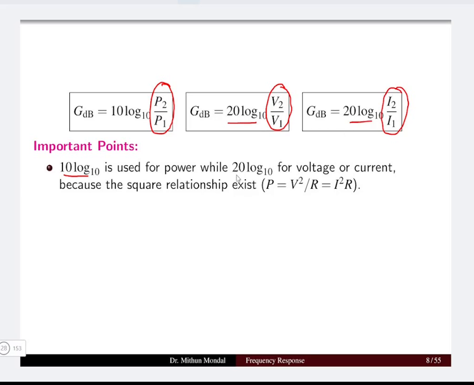So that is a special difference between the power and the voltage and the current. This is due to the square relationship that exists between the power, voltage and the current. So P equal to V square by R and equal to I square R. That is the reason we have 10 in the expression of power but 20 in the expression of the voltage or the current.